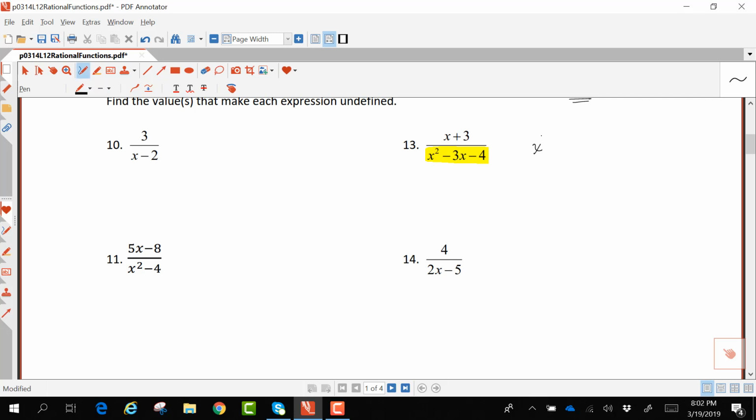So in this case, we would algebraically write this equal to 0. Then we would factor it and set each factor equal to 0 to determine what values you cannot substitute into this fraction, because these values would make the fraction undefined.